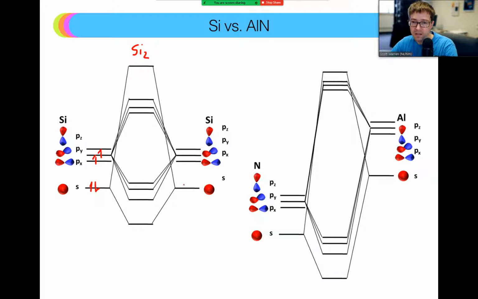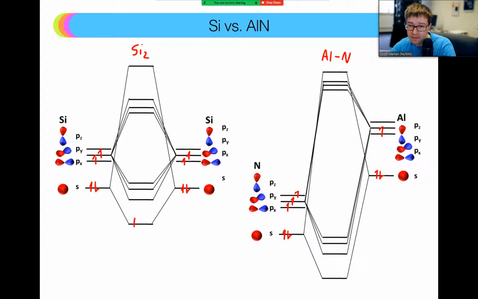Silicon has 4 each, whereas nitrogen, one column to the right, has 5, and aluminum, one column to the left of silicon, has 3. That gives us a total of 8 valence electrons for the molecule Si2 as well as for the molecule AlN.